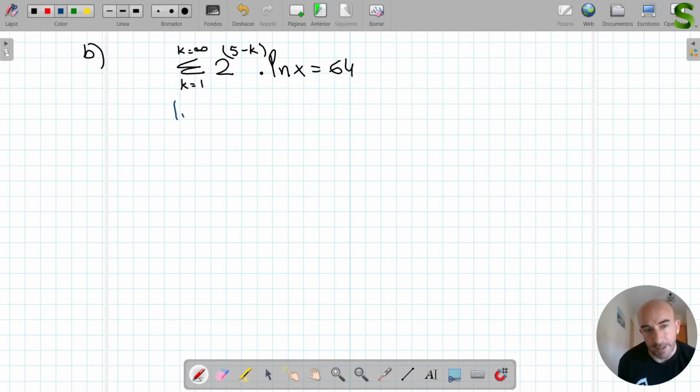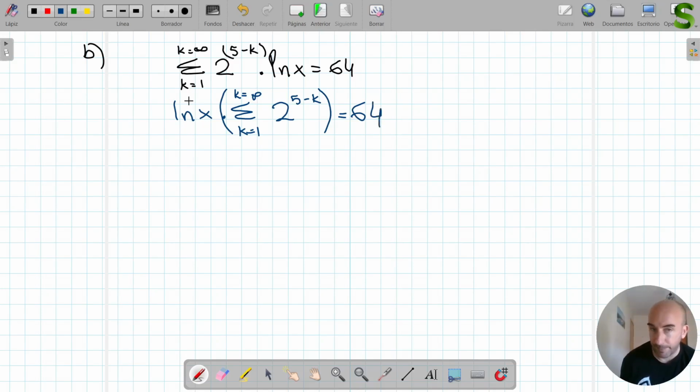So you can rewrite this, which is much simpler, as 2 to the power of 5 minus k, and only leave here the terms that depend on k. If it doesn't depend on k, you can extract it out of there. Okay, so now second, the hint here is that you have the sum from 1 to infinity.